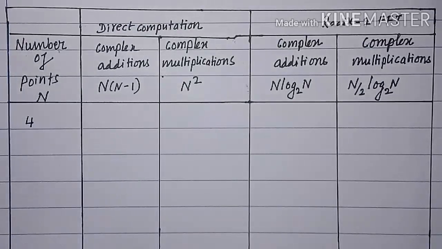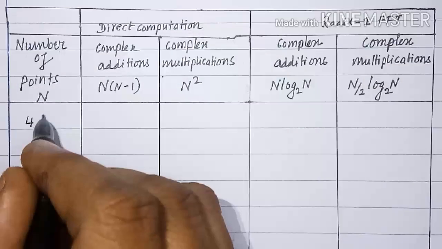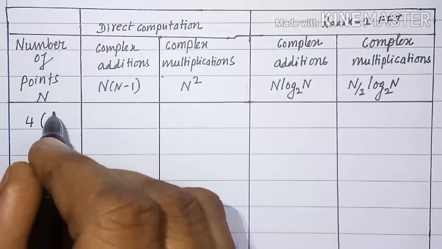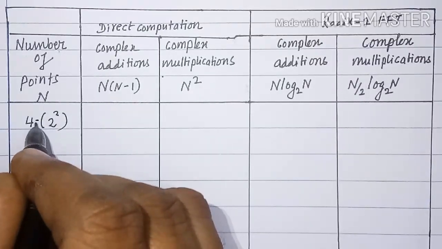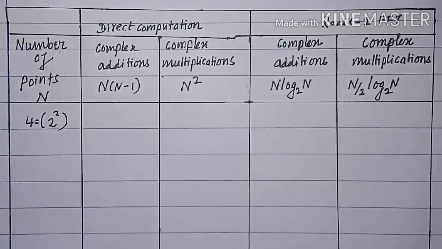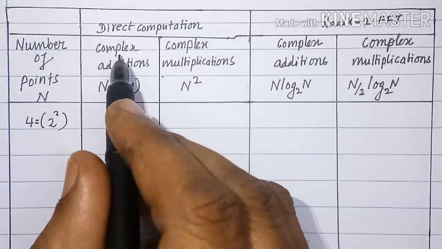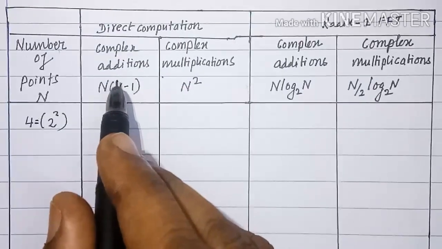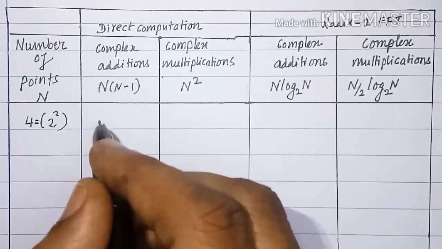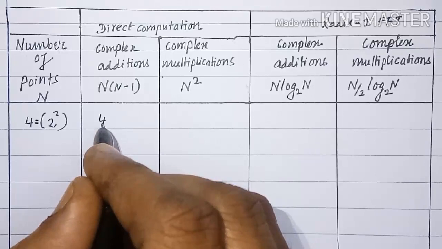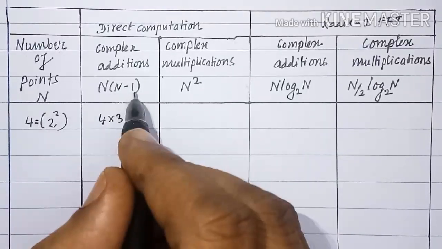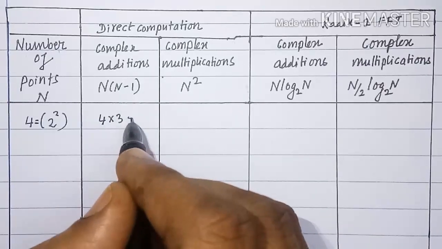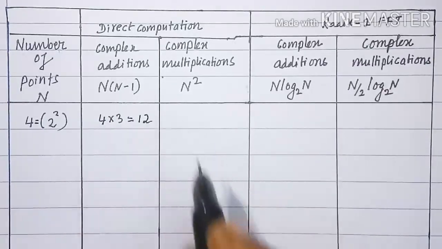First we'll take N equal to 4. Four may be written as 2 square. In direct computation, the complex addition number will be 4 into 3, because N into N minus 1, that means 4 into 3, which equals 12.